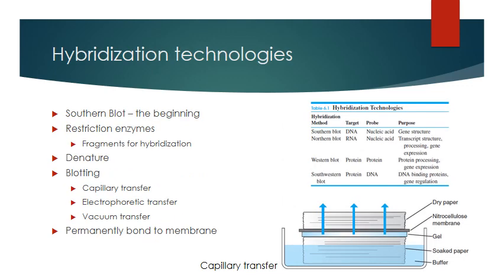In hybridization technologies, you're aware of several of these. Just know that they're hybridization. These are methods where we use a probe that is antisense to our target. So it's usually a hybrid that we're producing.